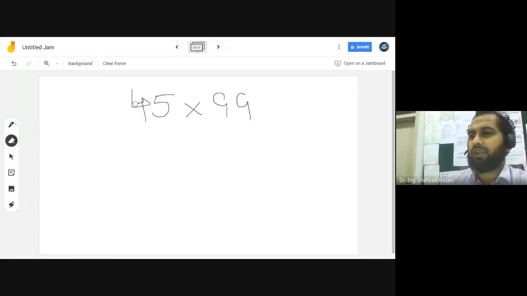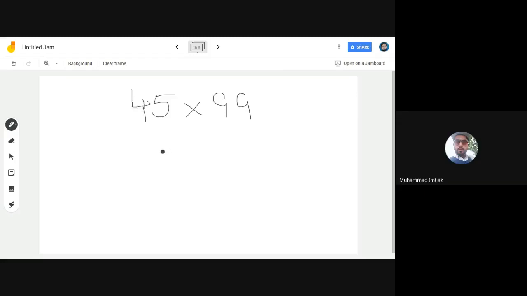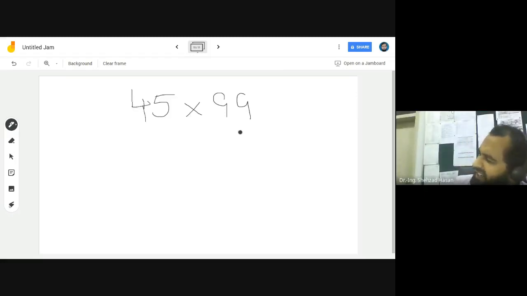So if I ask you to multiply 45 with 99, what would be your result? 4455. Okay, so how did you do that? It was simple, 45 by 99, like this. So you are going to do it like this. That could be done. That's what a normal procedure is. Or you can do it another way.